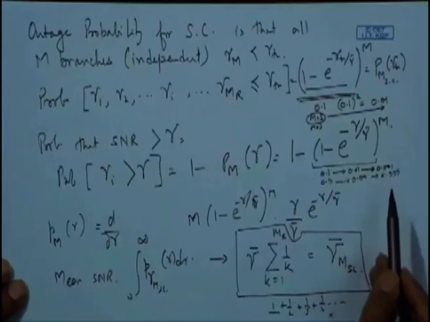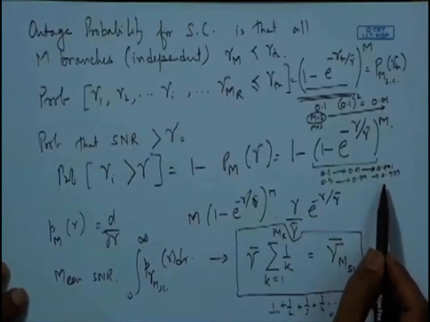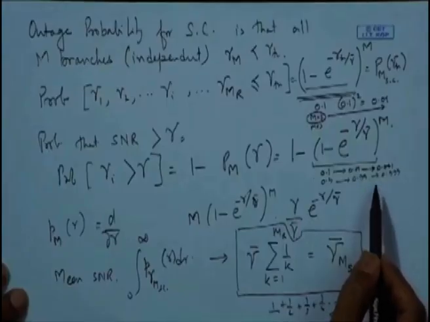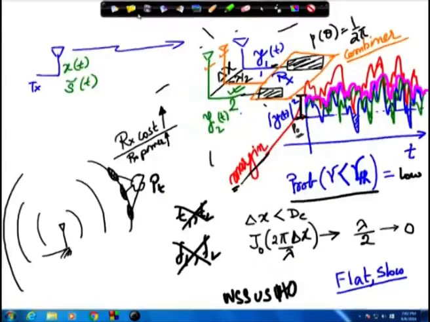That is a great advantage that multiple receive antennas can provide us, and that is why multiple receive antennas are highly favored. In selection combining, if we look at the previous pages, we said that cost goes up.